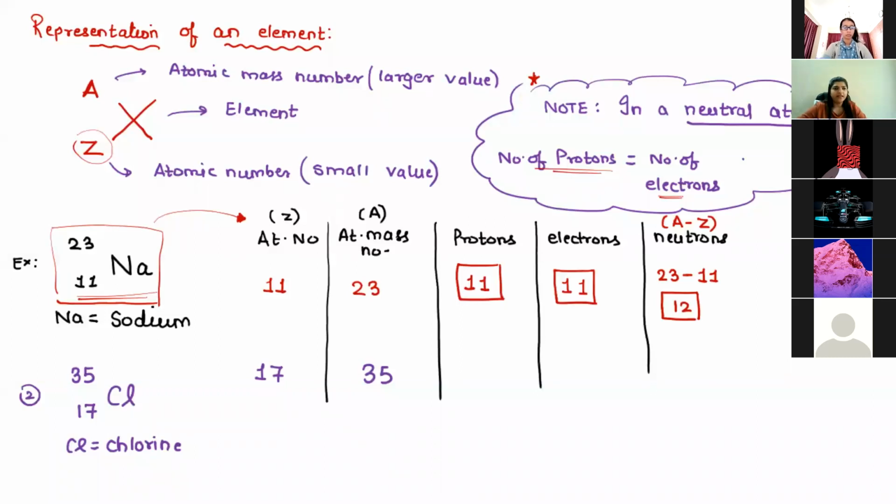Then Hazik, can you tell me how many protons will be there? What is protons? Can I say protons is equal to atomic number? Proton is equal to atomic number. So how many protons are there?